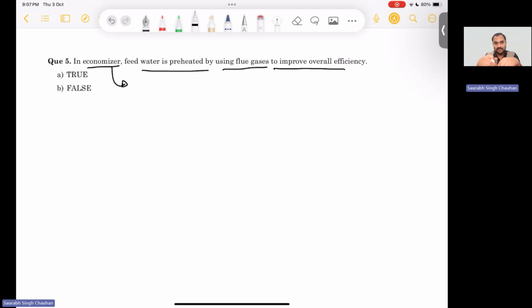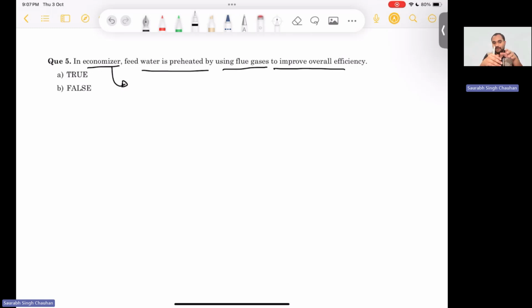And those flue gases are quite hot and have some heat energy. So if you can use that heat energy to preheat the feed water that is going to the boiler, then you will utilize the heat of flue gases. In this way you will improve the overall efficiency, right?